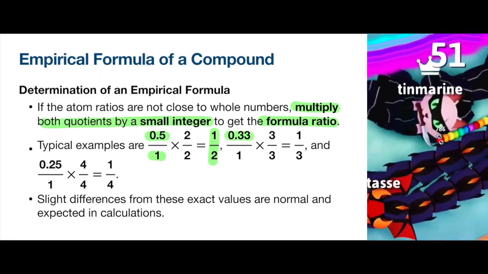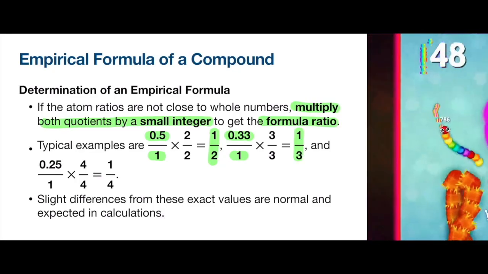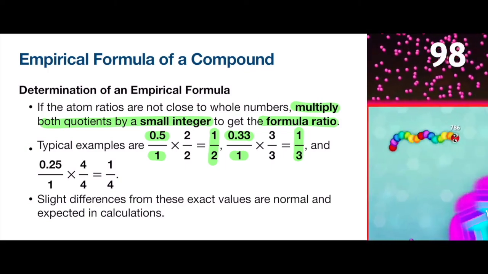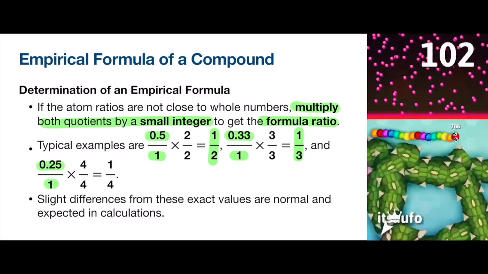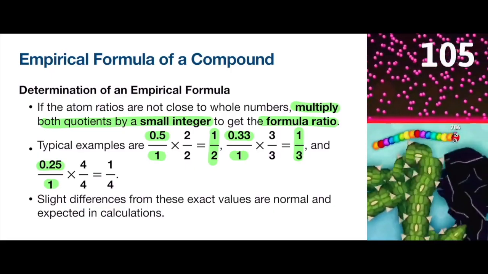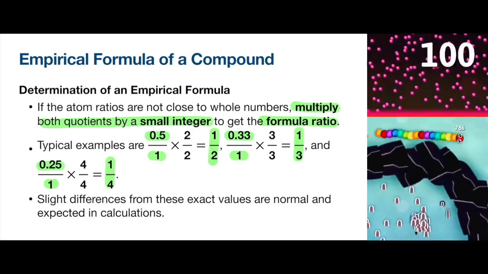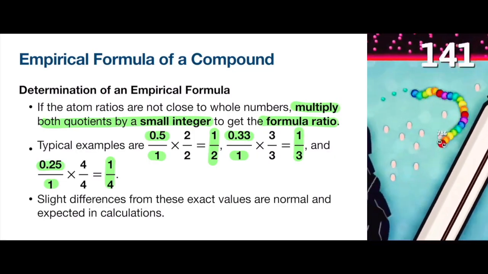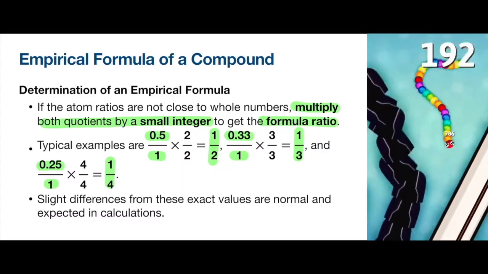If we have 0.33 to 1, we multiply both sides by 3 and get the formula ratio 1 to 3. If we have 0.25 to 1, we multiply both sides by 4 and get 1 to 4. Slight differences from these exact values are normal, and they are expected in calculations.